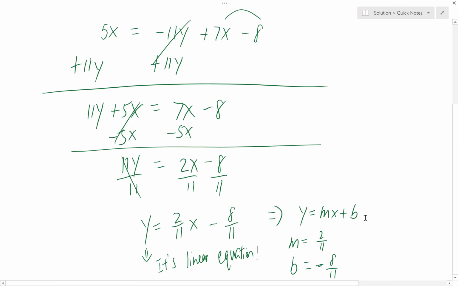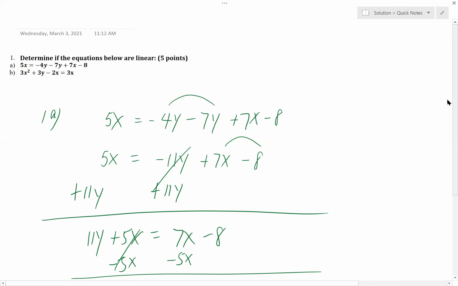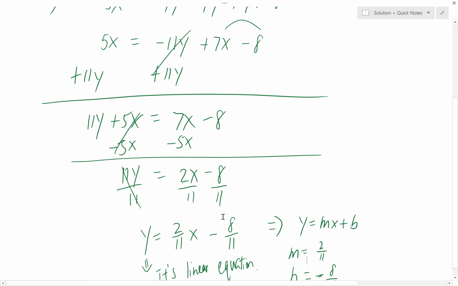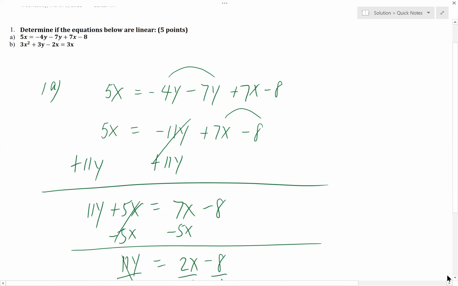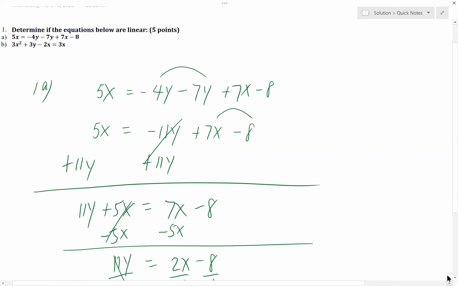All right, and then part 1B. We get 3x squared plus 3y minus 2x equal to 3x.